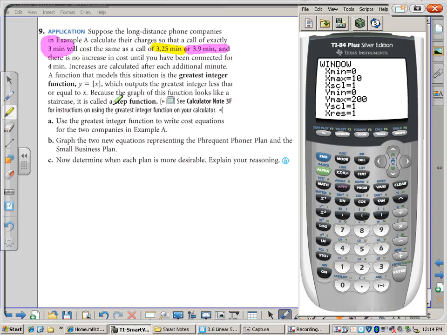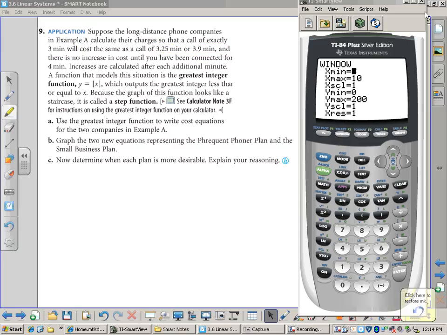If you go anytime over 4 but don't reach 5, you would only get charged for 4 minutes, and so on. That function is known as the greatest integer function. And what it does is whatever input that you give it, it will round down to the nearest integer.